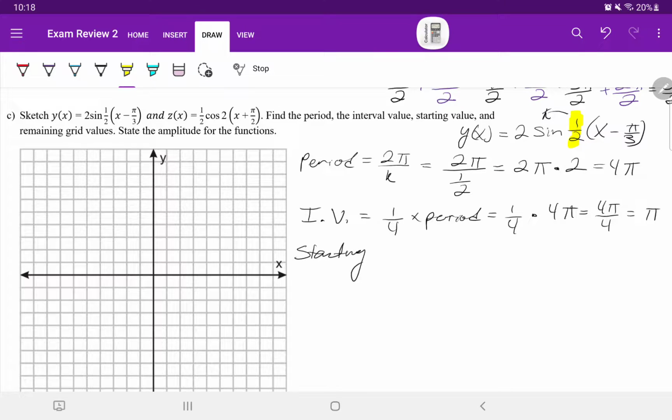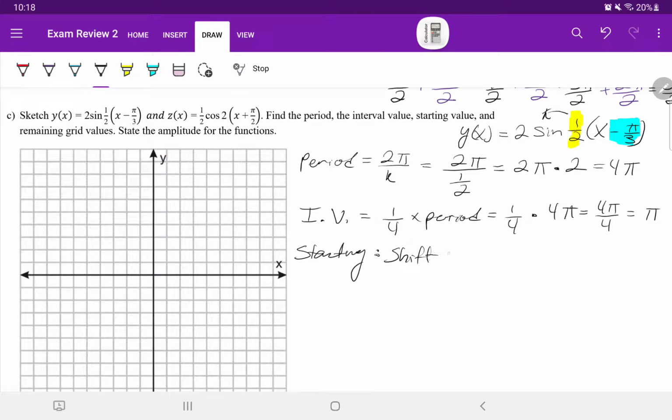Now, the starting value is based on the horizontal shift. Here, we have a number being subtracted from the variable of x. Whenever there's a number being subtracted from the variable of x, that is a horizontal shift to the right.